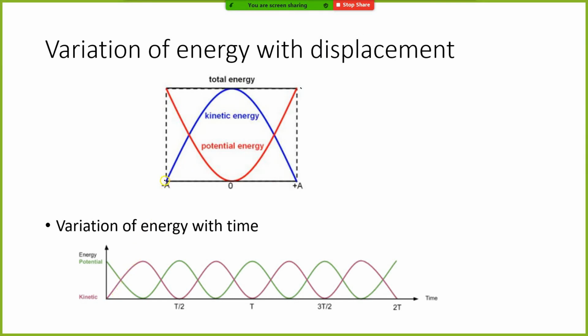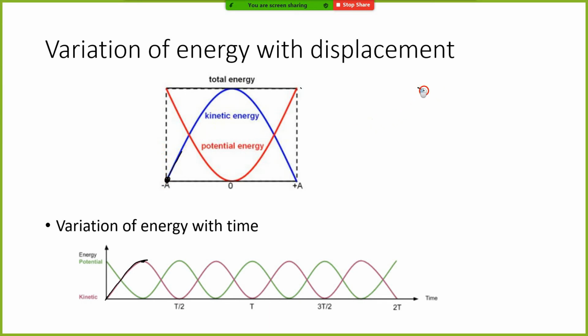So we're starting at the amplitude. Just bear that in mind, that we're starting at the amplitude. And this is what my kinetic energy looks like. This is my kinetic energy going all the way up. This is when the object is passing through the equilibrium point.